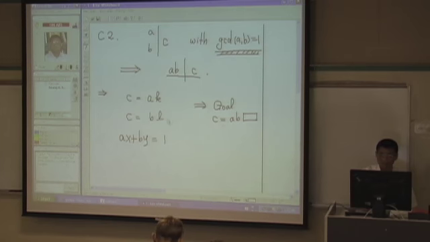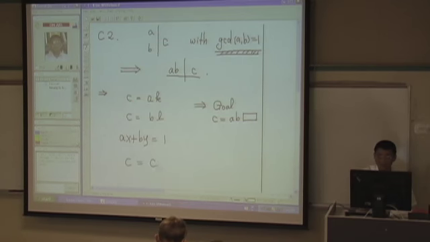Last time I had a hard time, but the reason was underloading. So let's overload it this time. Instead of just writing fewer letters, write many letters. C equals C times 1, and then 1 is given here, AX plus BY, right?